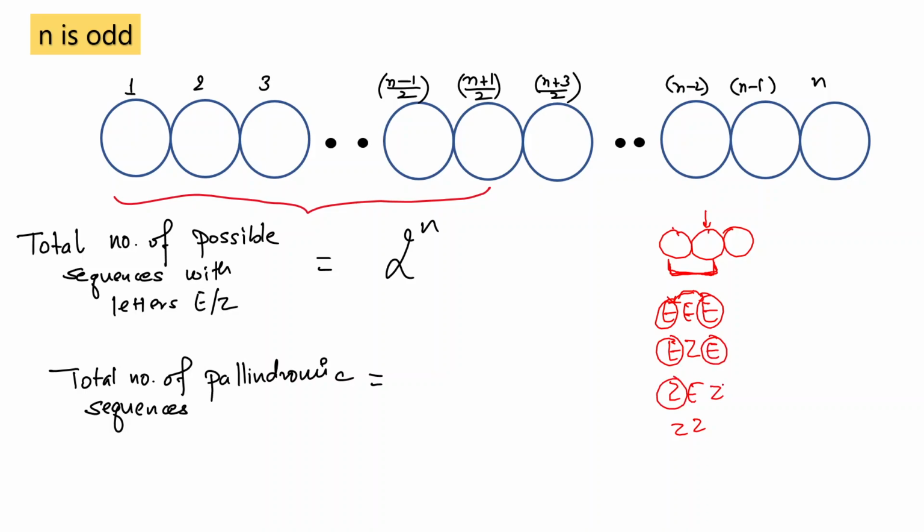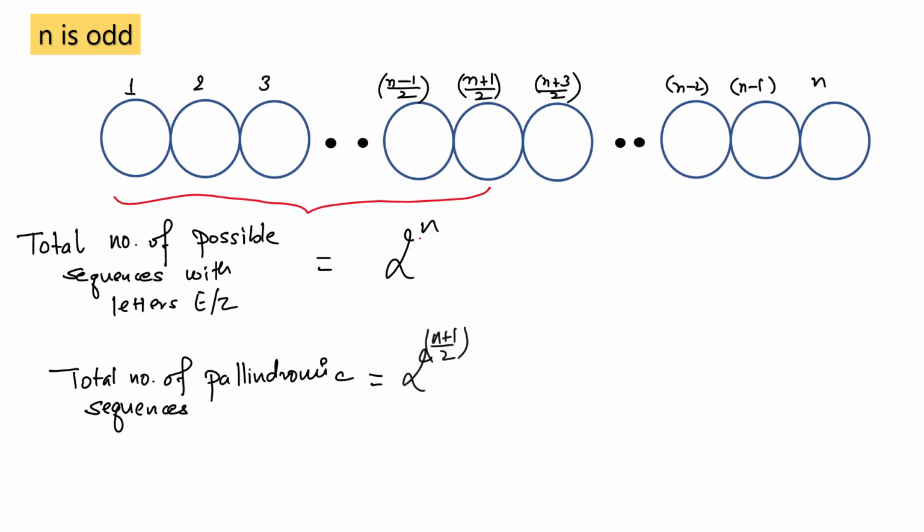Because there is a Z here, you will have to write a Z here. Because there is a Z here, you will have to write a Z here. So you have 4 palindromes. Okay, very interesting. So you will have to think about sequences till the middle box, and the middle box is unique here.